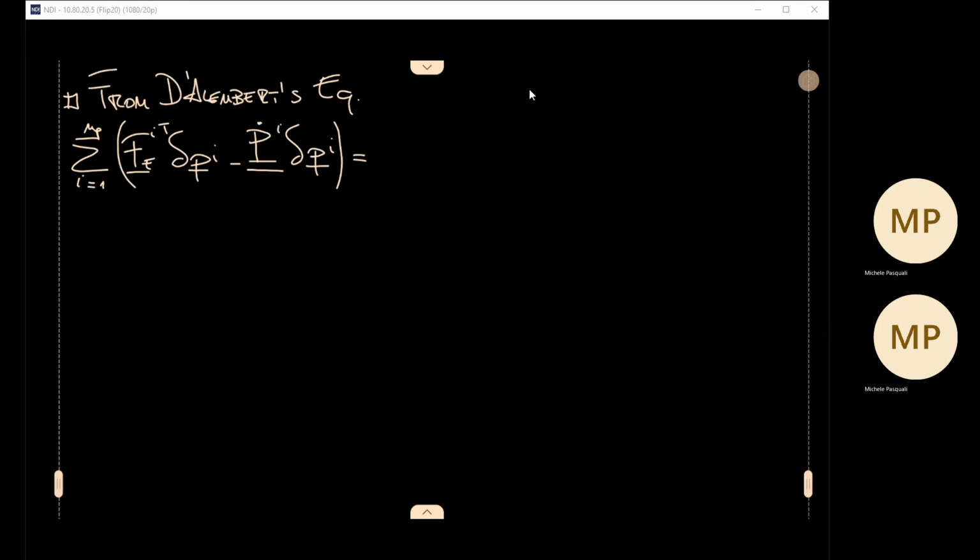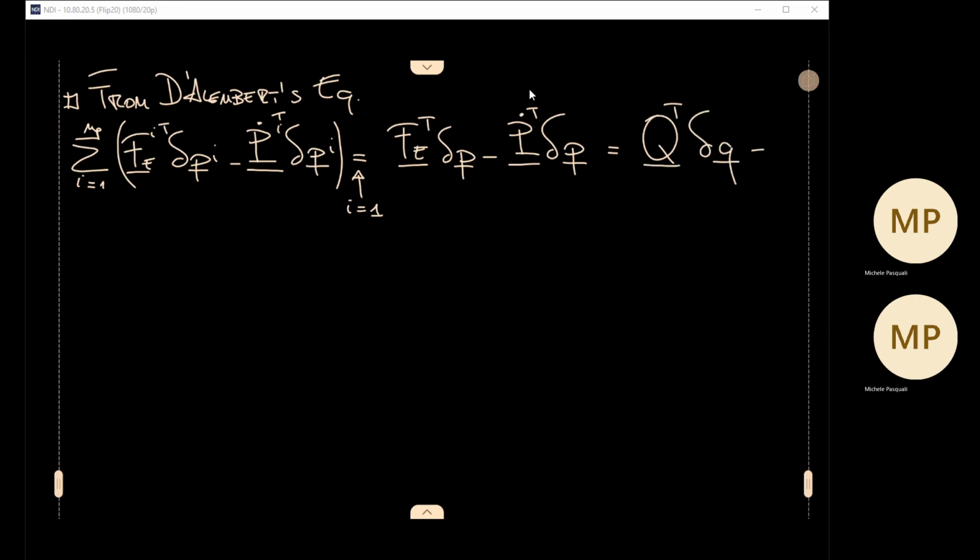And this, for I equal to 1, is Fi transposed applied over delta P minus P dot times delta P, transposed as well here. And this is equal to 0. Q transposed over dq equal to 0. Okay?